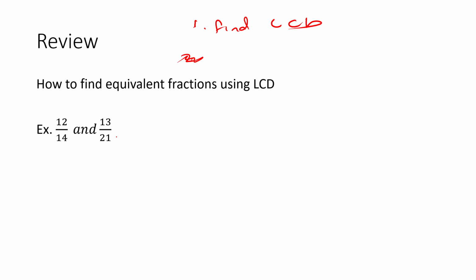The first step is to look at the bigger number, in this case 21, and find the multiples of that number. So let's start with 21. Can 14 divide 21? No, it can't. So we move on to 42. Can 14 divide 42? Yes, it can. So that means your LCD is 42.